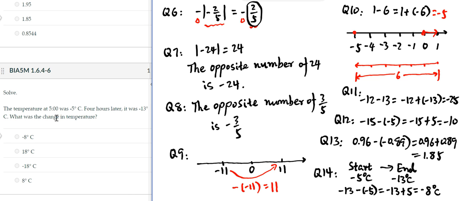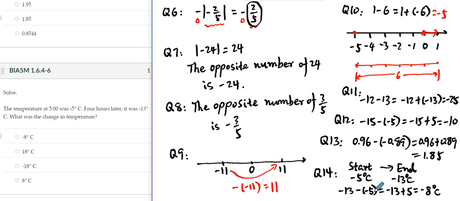So the change, remember, you're always using the ending value, subtract the starting value. In this case, clearly 4 hours later, it was told that's negative 13. So you've got to use this number, subtract negative 5. So this will be the expression.